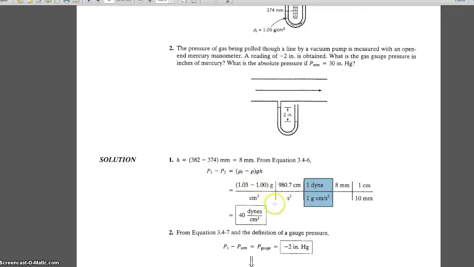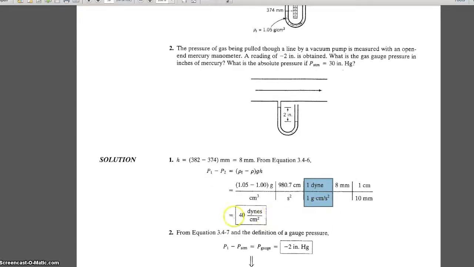Which is in gram over centimeter second square. So just convert it to dyne over centimeter square using this conversion factor, which is the same thing actually.